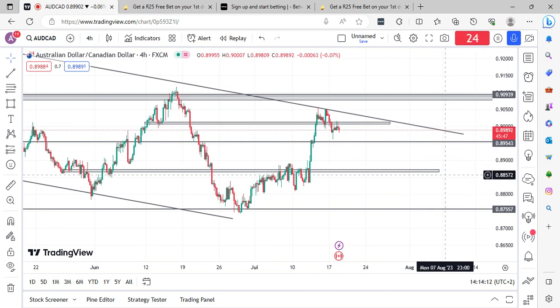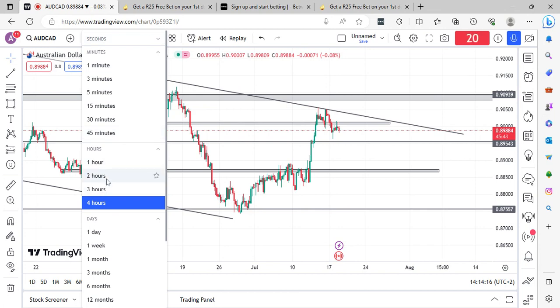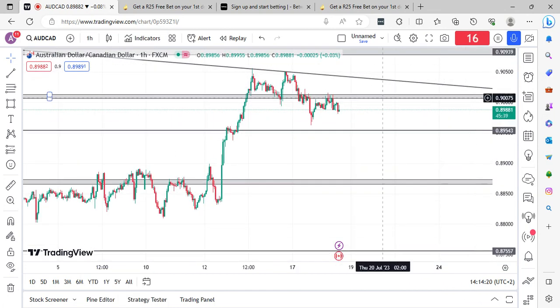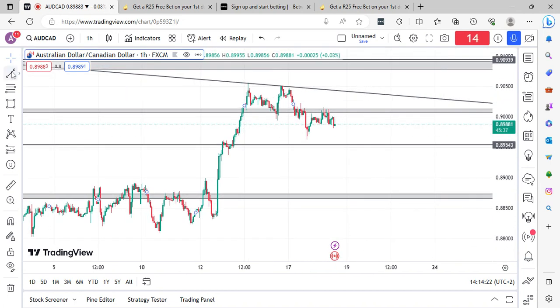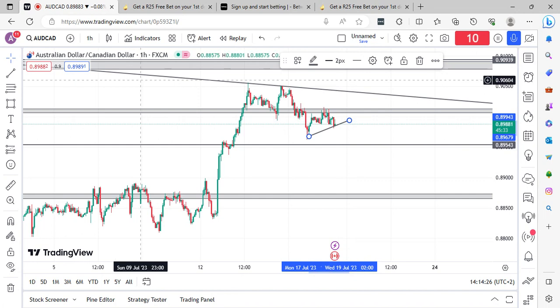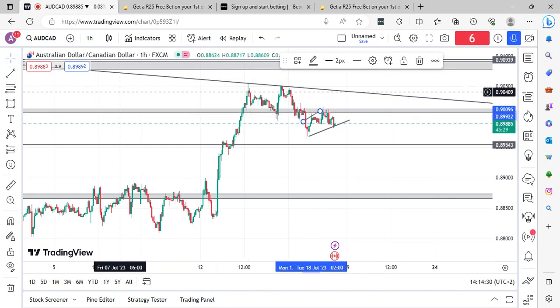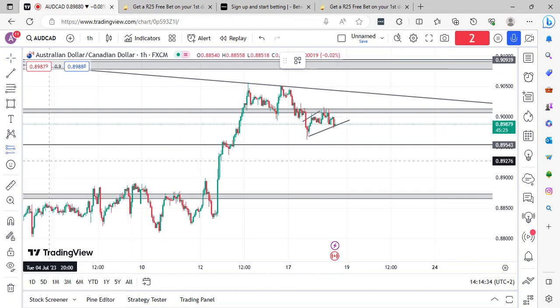Maybe going further to your 1 hour quickly, now you could see that the market has already broken a specific trend and we are correcting, before we take any sells.